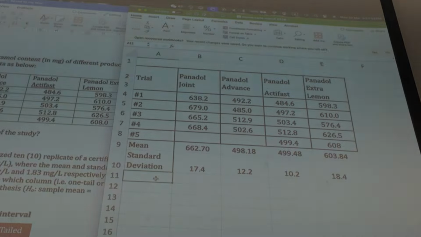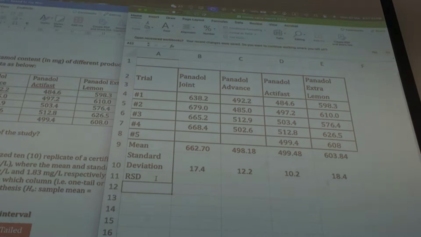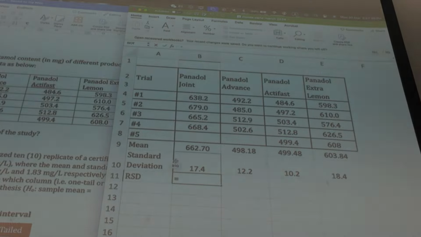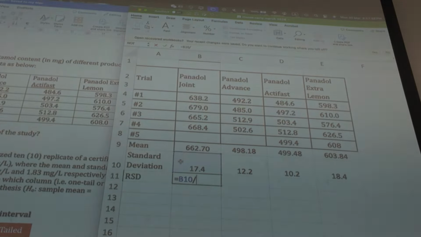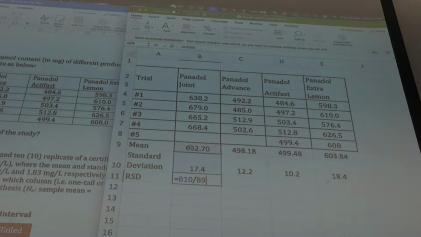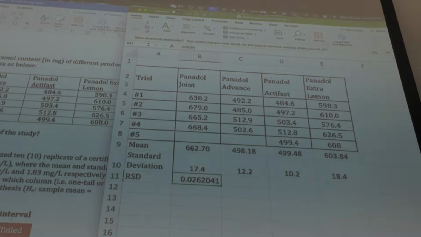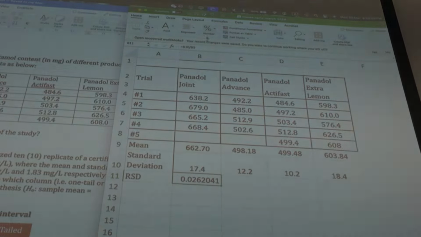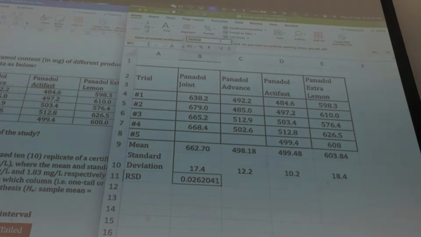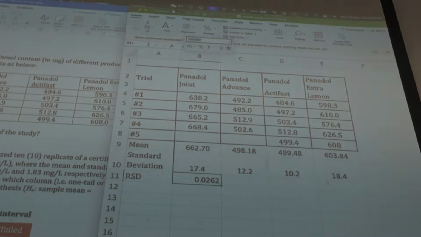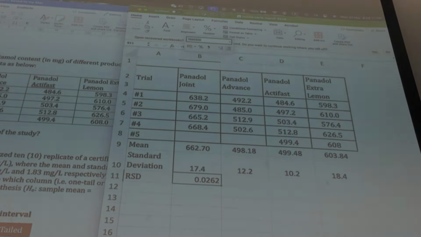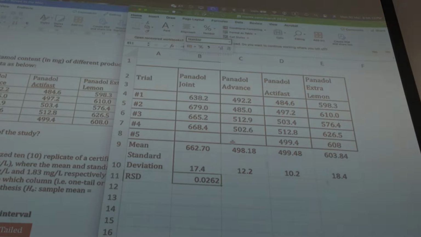And if you have the standard deviation and you have the mean, you can compute the RSD.